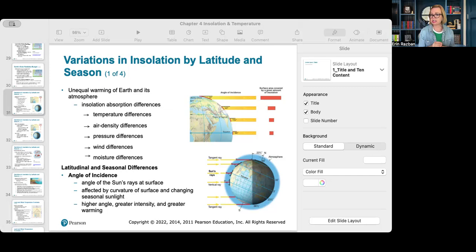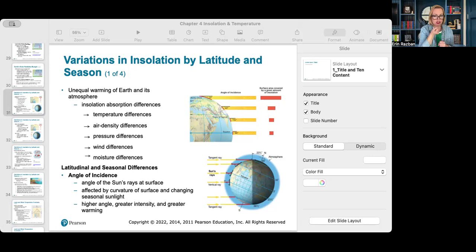The four main reasons why different parts of Earth receive different amounts of solar energy are, first and most importantly, what we call the angle of incidence. That is the angle at which the sunlight hits Earth's surface. So think about when you use a flashlight on a wall.